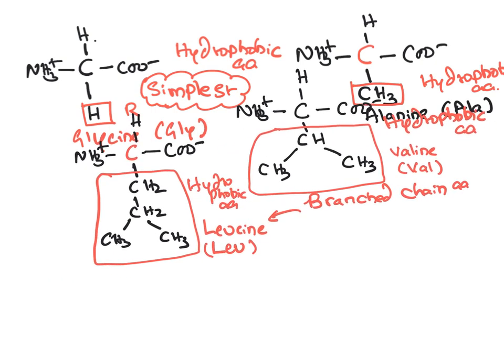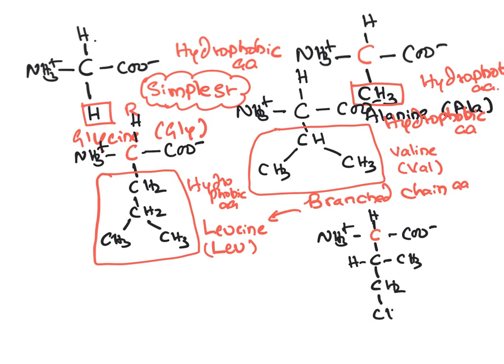So isoleucine, like any other amino acid, has an alpha carbon in the center, and then it has COO minus, the primary carboxyl group, the primary amino group, and H. Now isoleucine has a carbon with CH3 attached and H, and then there is a branch again, CH2 and then CH3.